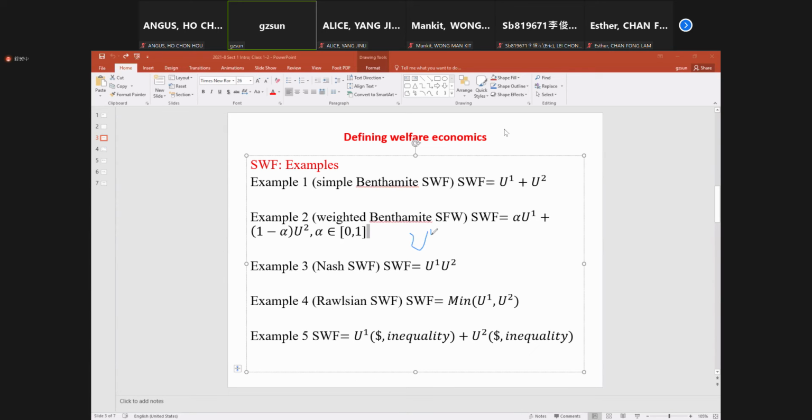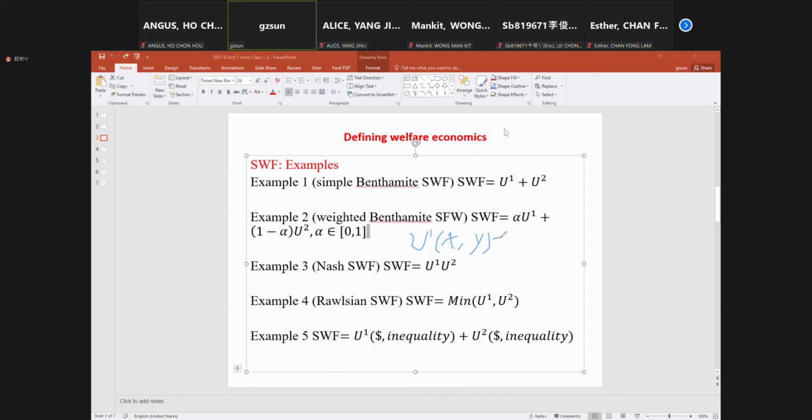So back to the intermediate macroeconomics, I believe you spent a lot of time studying this. How to maximize the utility given the budget constraint, price of good X, price of good Y, and income. So in doing so, we simply assume how good you feel comes from how much you consume, and how much you consume depends on how rich you are.